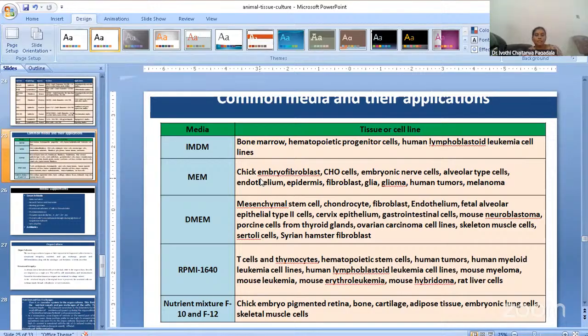This media is used for bone marrow studies, hematopoietic progenitor cells, and human leukemia cell lines. So these are all the media types and their applications.